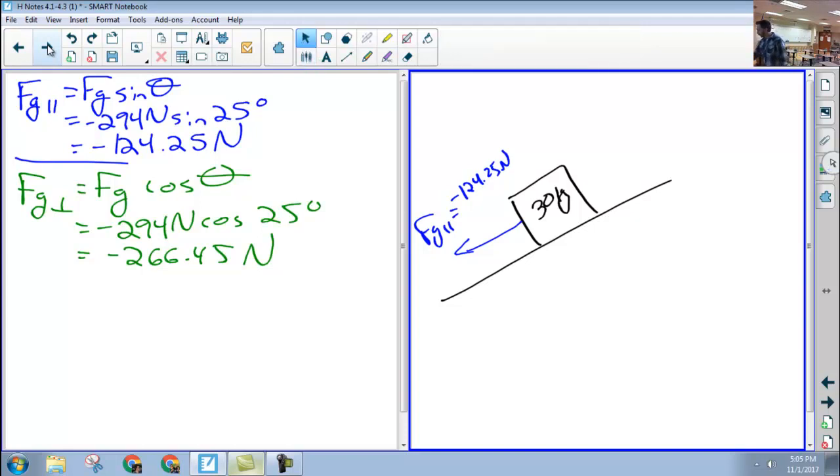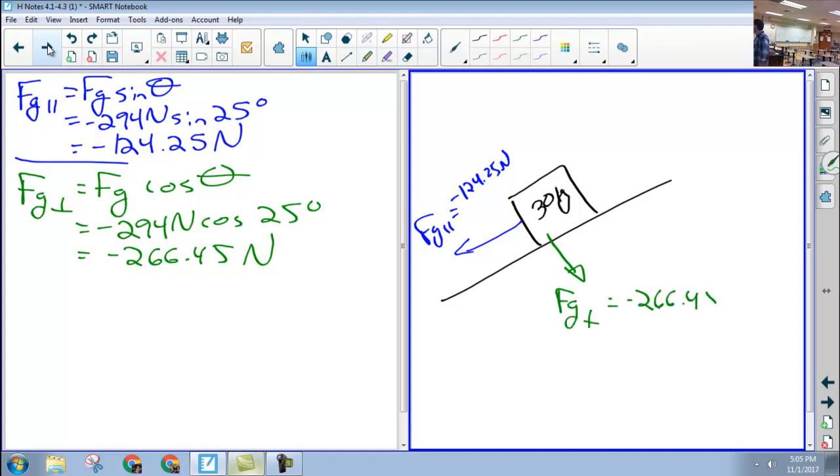All right, and then there's also a perpendicular component that always points into the ramp. So that's negative 266.45 newtons. And then finally, I know that the block is not actually going to go into the ramp, so I can automatically put in my normal force, which will be positive 266.45 newtons. Okay, so there's my drawing so far.